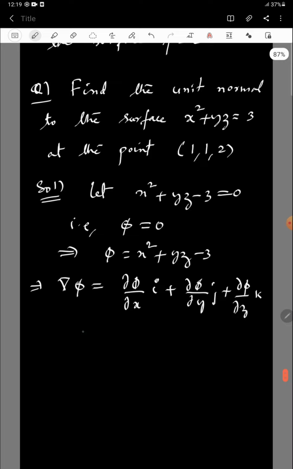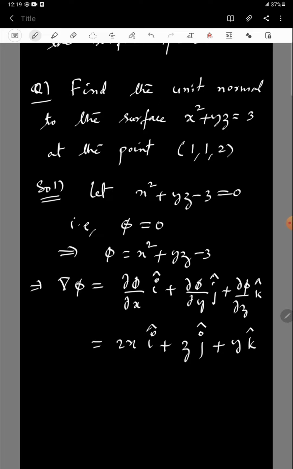Not going into the details of the basic steps, directly I am writing dou phi by dou x, that is nothing but 2x, that comes with i. Dou phi by dou y: x square derivative is 0, and with respect to y, z is a constant, so that will come with j. And with respect to z, it will be y, so yk. So this is the normal vector, del phi.